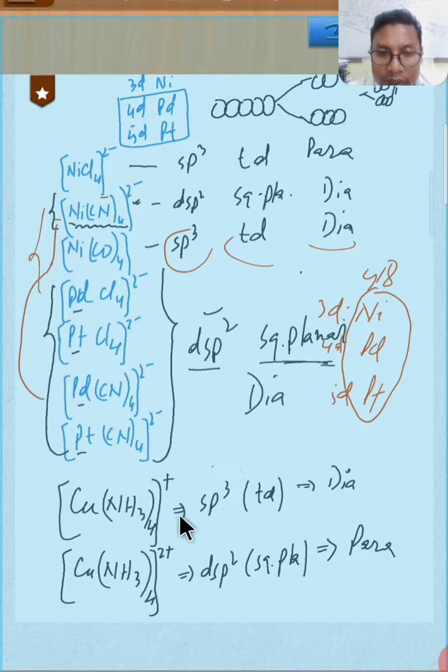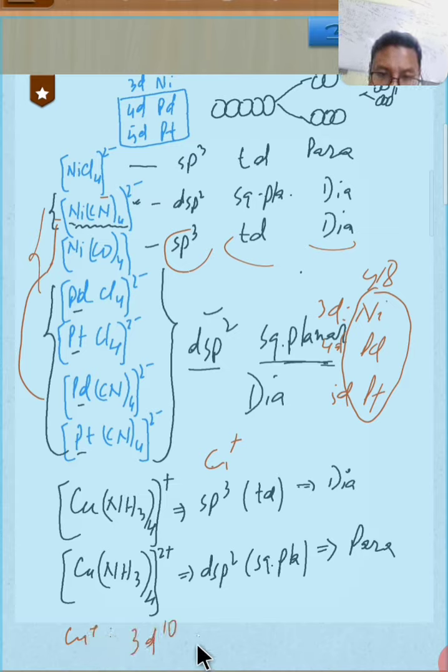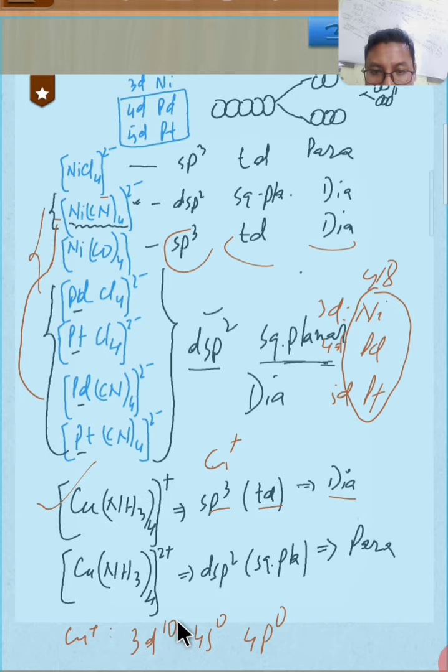The electronic configuration of Cu+ is 3d10, 4s0, 4p0. So there is no other option of hybridization other than sp3 in case of Cu+. So hybridization in this case was sp3, geometry will be tetrahedral, diamagnetic nature, no unpaired electron is left.